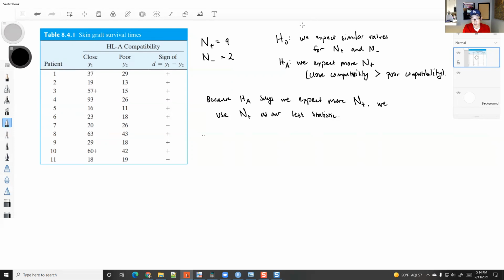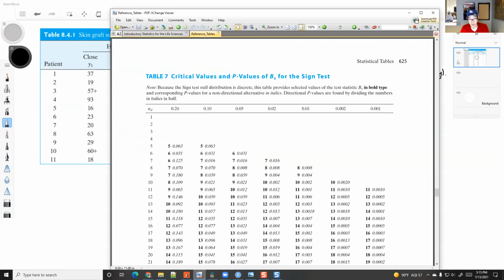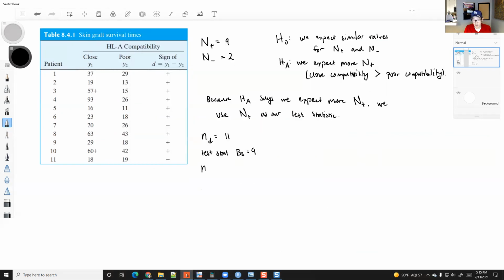Okay, so we have our observations 11, our test statistic, which they call BS, is 9. B for the sign test is this, and we're going to look up 11 and 9, and the non-directional p-value from the table is 0.065.